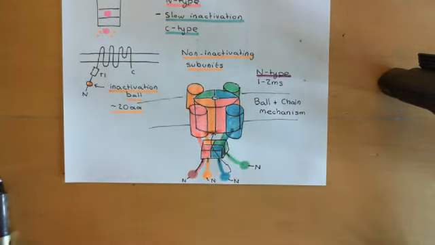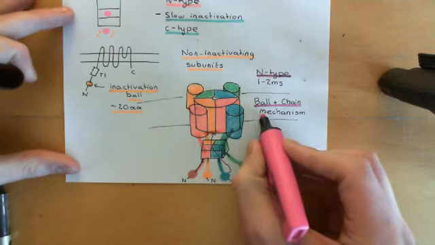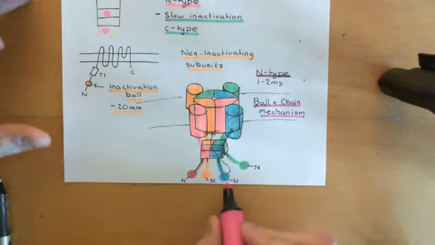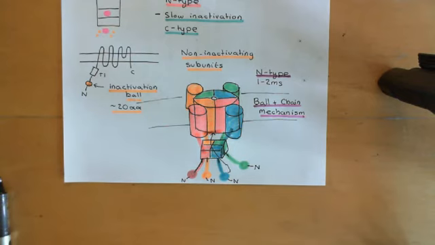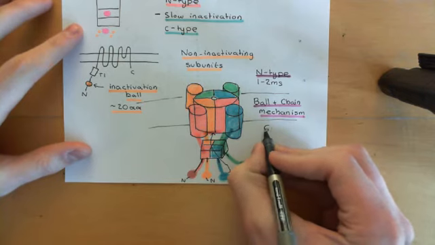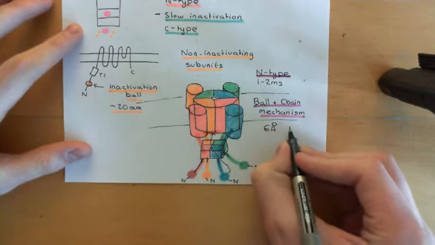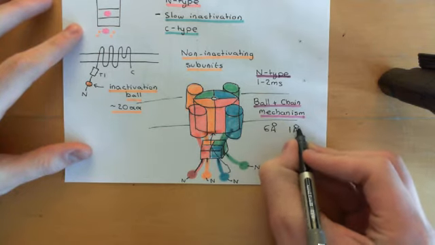However, it turns out that the opening to the internal aspect of the pore is not actually wide enough for the ball to fit in. So we think that actually the analogy to a ball and a chain is slightly incorrect, basically. It turns out that the internal opening of the pore is actually only around 6 angstroms. And if you don't know what an angstrom is, 1 angstrom is just 1/10 of a nanometer.